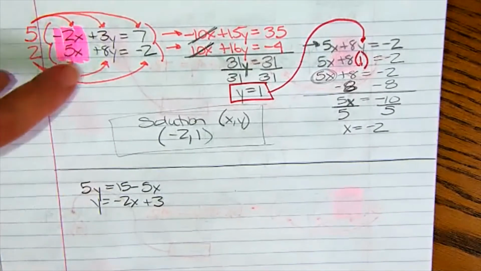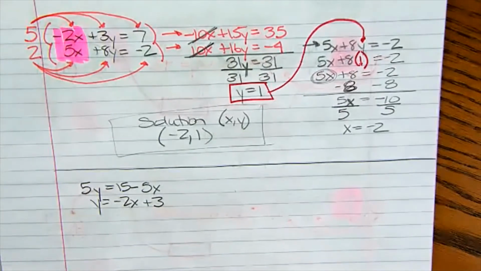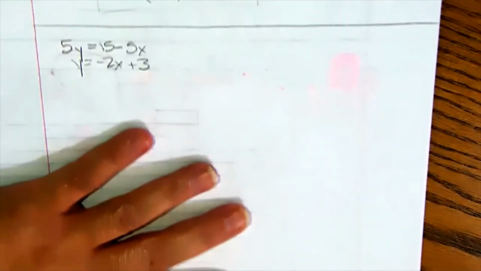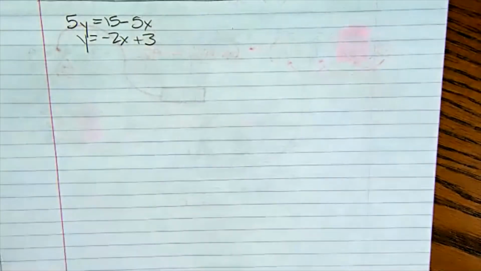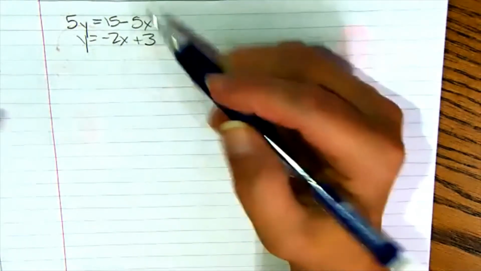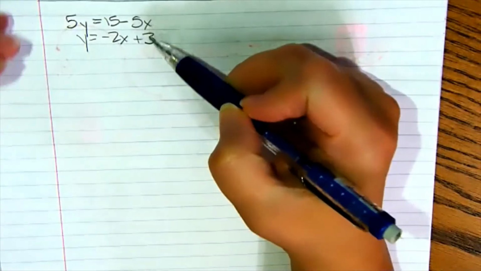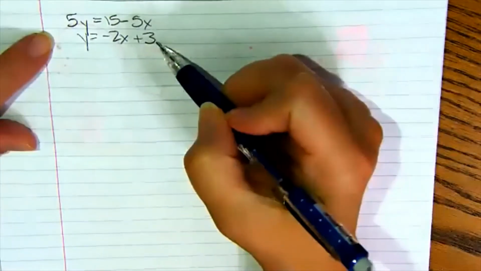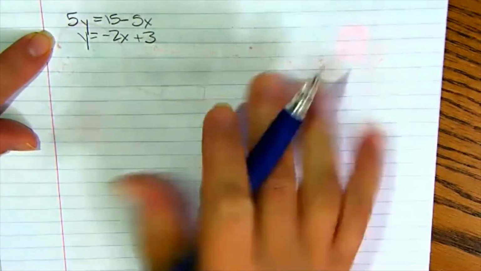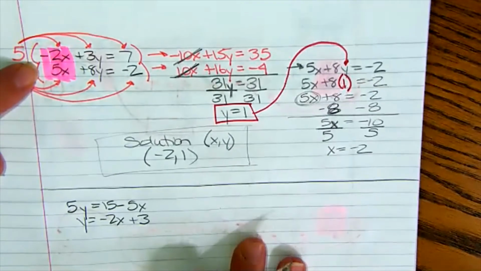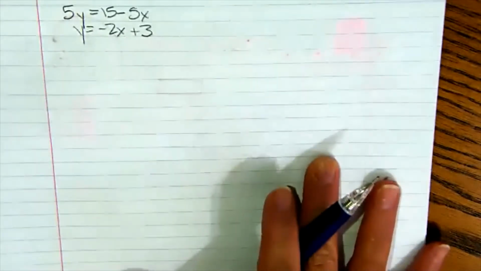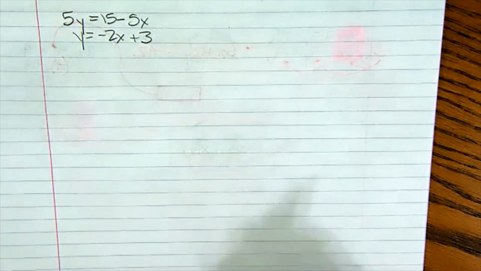They're not in the same format. Well, that is okay. It doesn't matter what form your equations come in. It can be slope-intercept form. They can be in standard form. It doesn't matter, as long as like terms line up.